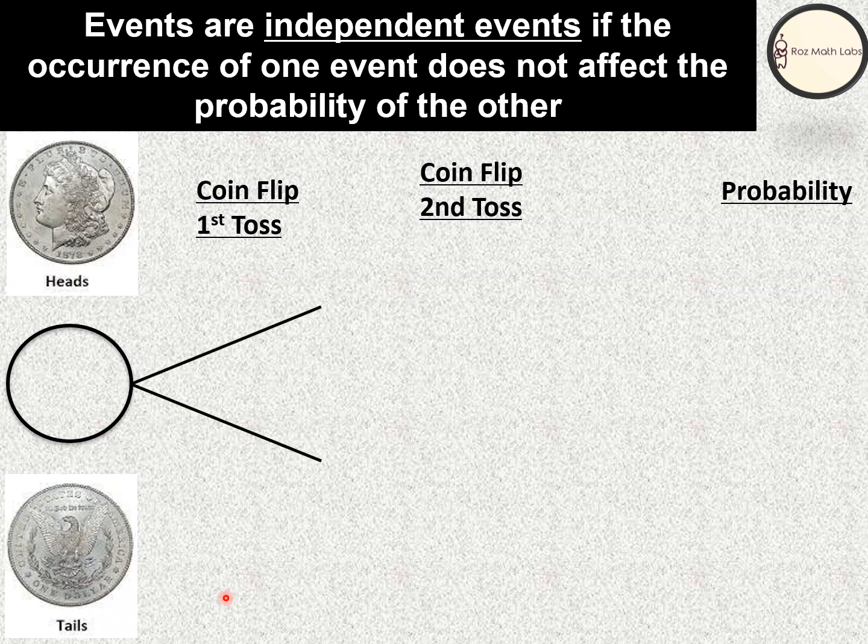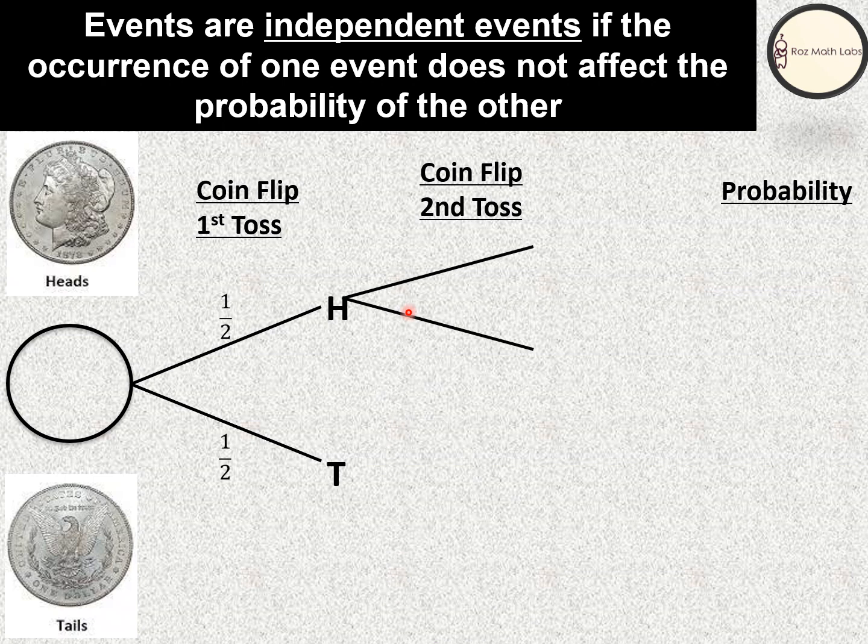After the first toss, the outcome can be either head or a tail. And we know since it's a fair coin, the chances of being a head and tail are equal, the probability for each being half. Now once we have got head, we flip the coin the second time.